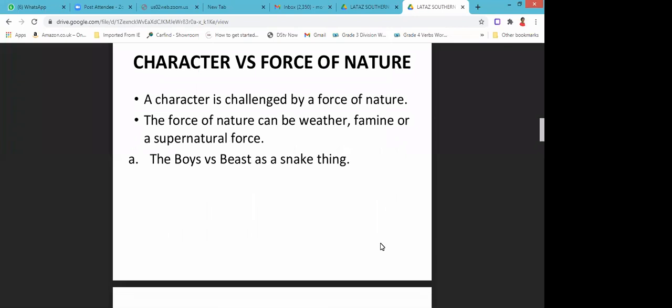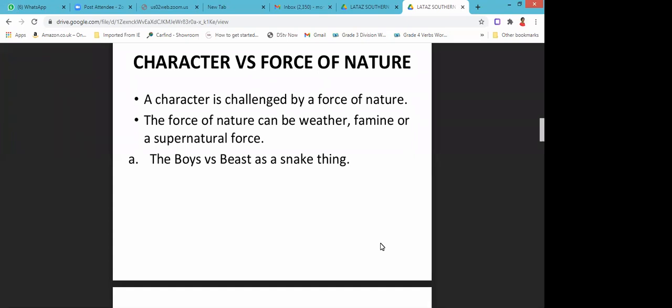From character versus character, we look for another type of conflict. Here we have character versus a force of nature. The force of nature could be weather, famine, even a supernatural force. For example, the boys versus the beast in The Lord of the Flies. Now, in The Lord of the Flies, the beast takes on three different forms.